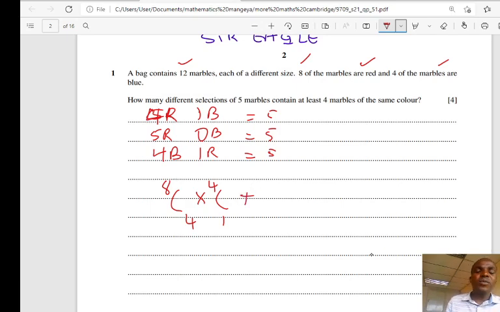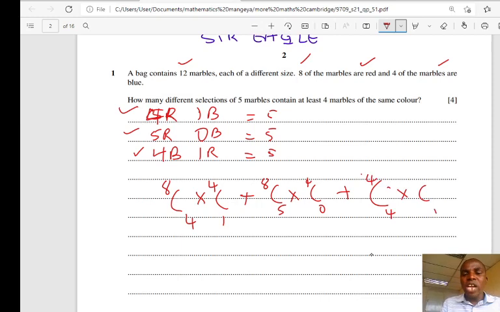Plus, we can choose 5 red and 0 blue: from 8 we can choose 5, then from 4 we can choose 0. Still it will be 5. Or we can choose 4 blue: from 4 blue we can choose all the 4, and that's times 1 from the 8 to make 5.